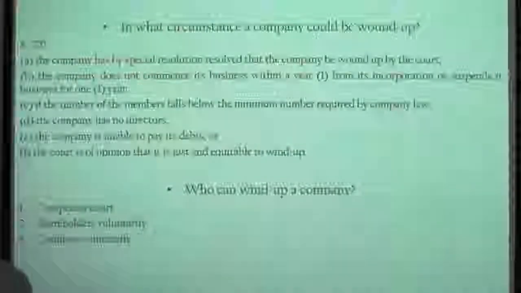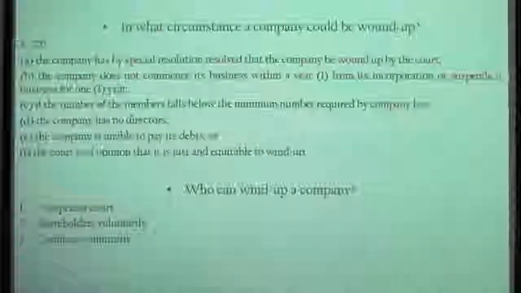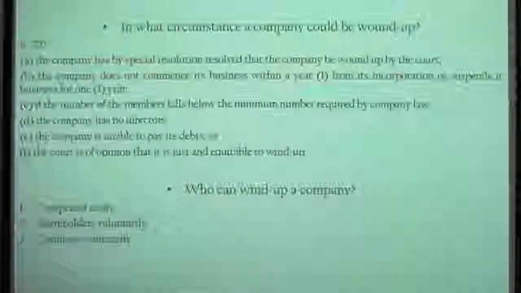So lastly, I would like to deal with the topic of winding up, because it may have serious effects on the company's existence.